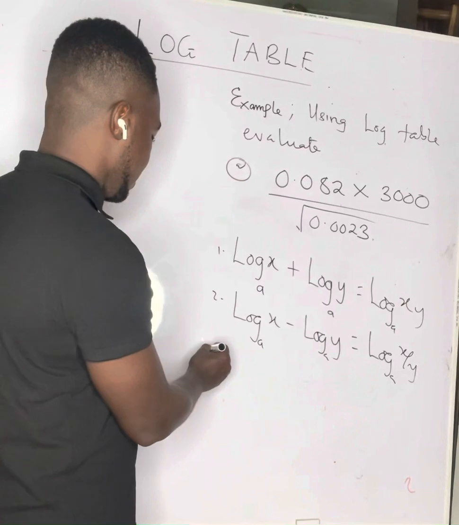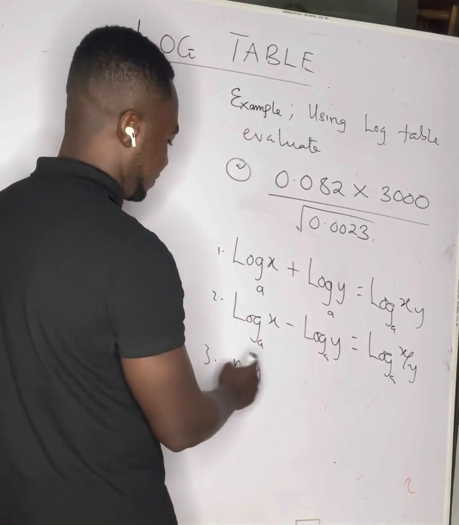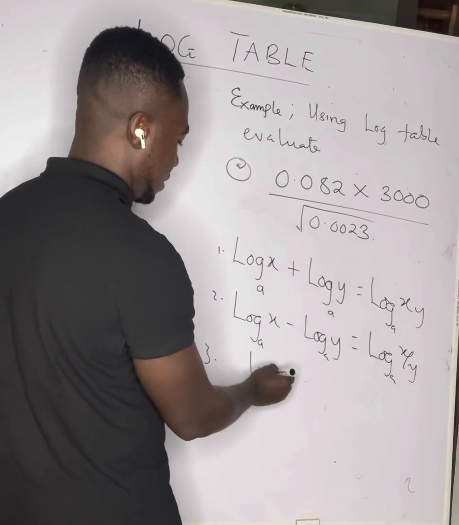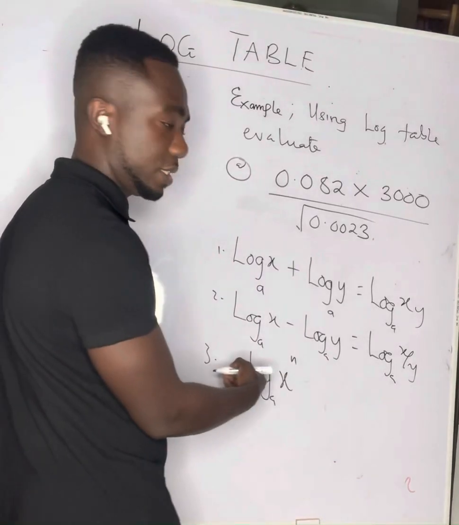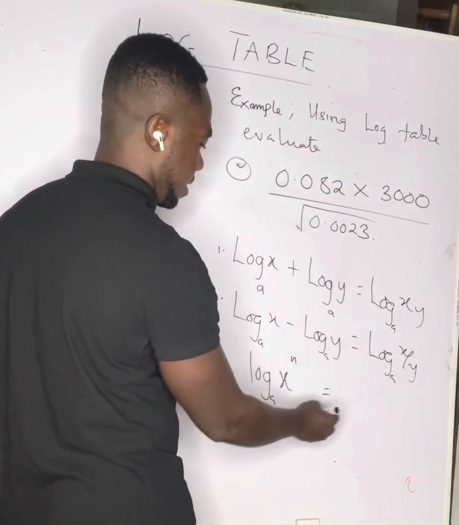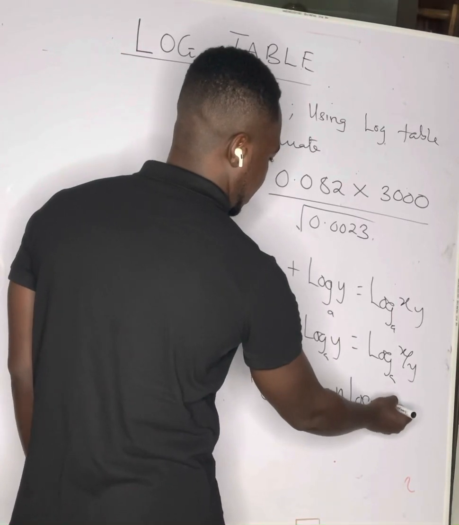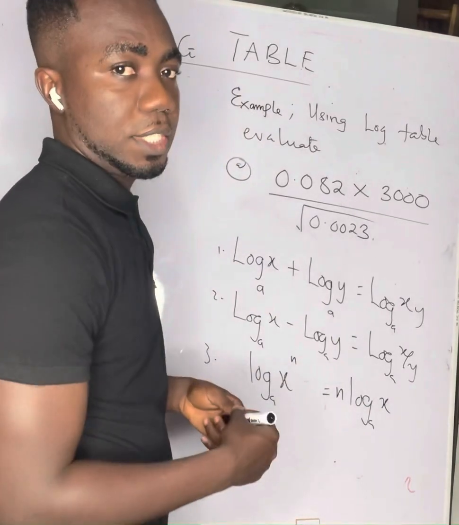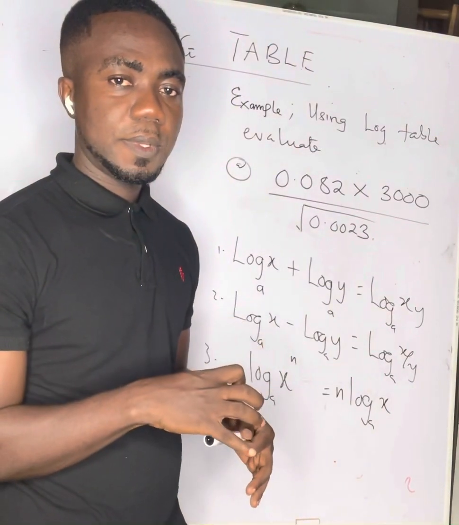The third log, saying that you have log base a of x to the power n, this expression is the same as n log base a of x. So these are the three properties associated with logarithm.